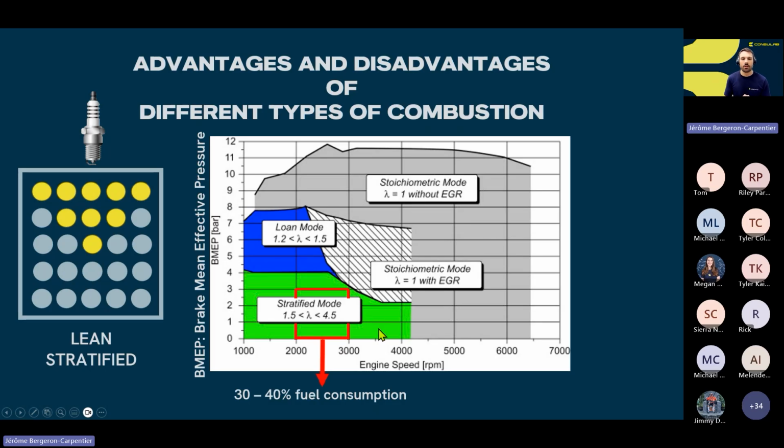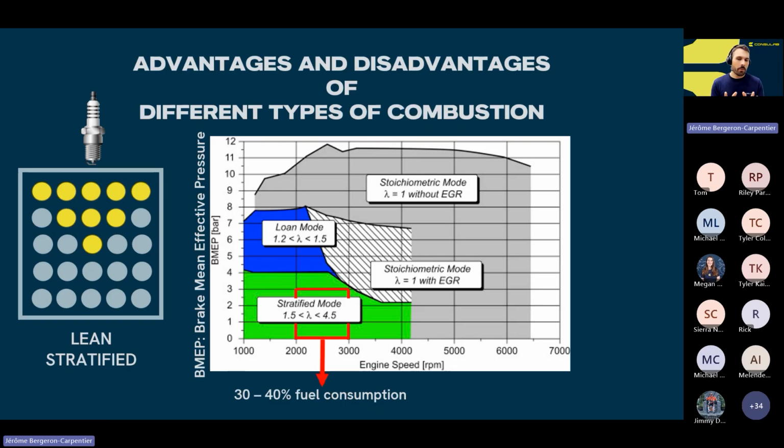What is important to see in that graph is we have at the bottom the engine speed, and on the y-axis, we have the BMEP, the brake mean effective pressure. What exactly is that? It's basically the force applied over the distance to generate that rotation force.